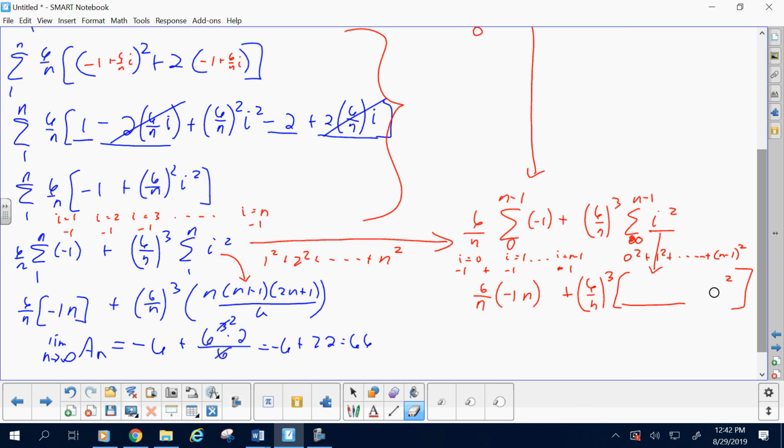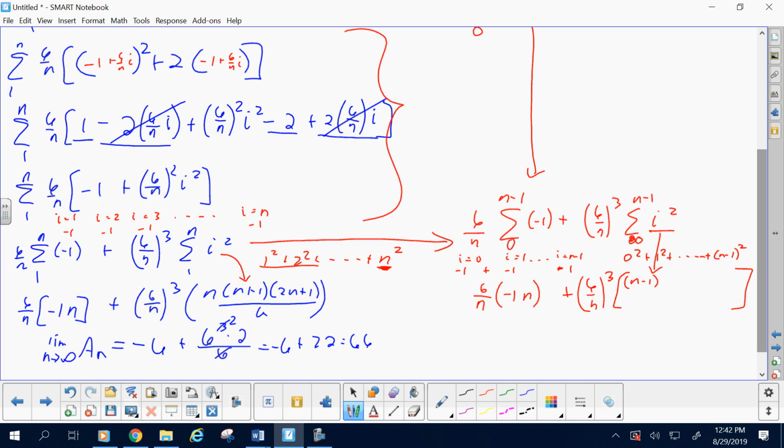The other way to do it that I prefer is, if this is the formula you use when you end at n, then couldn't I use that same formula, but here instead end at n minus 1? And so in place of each of these n's, put in an n minus 1.